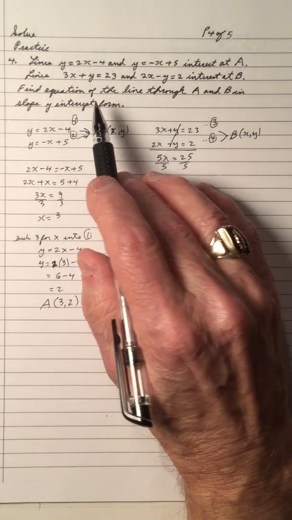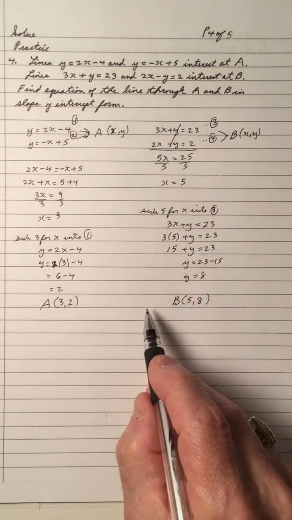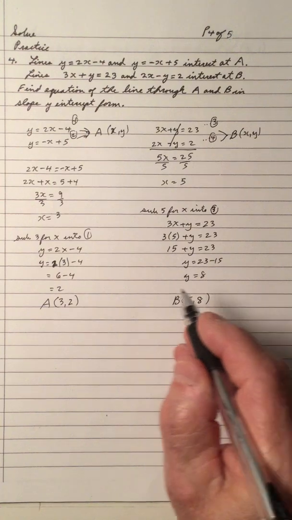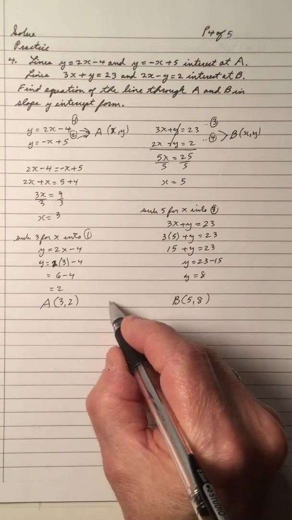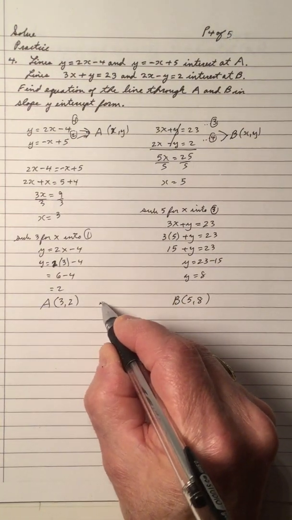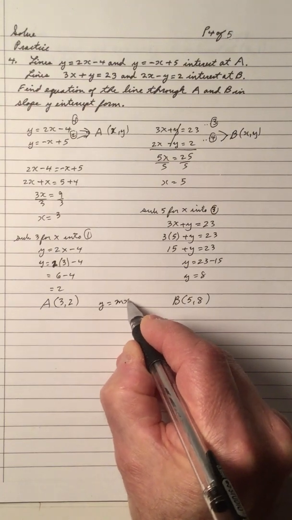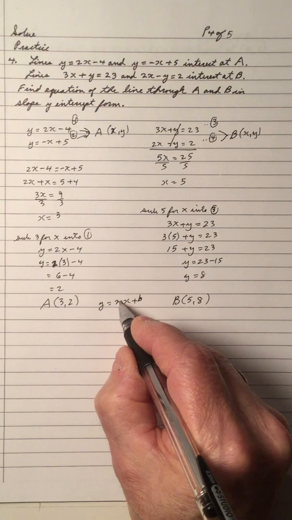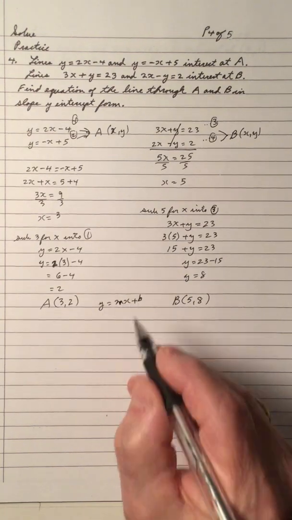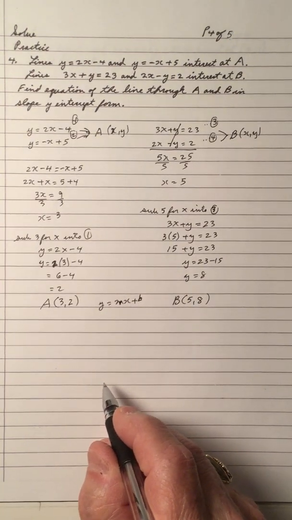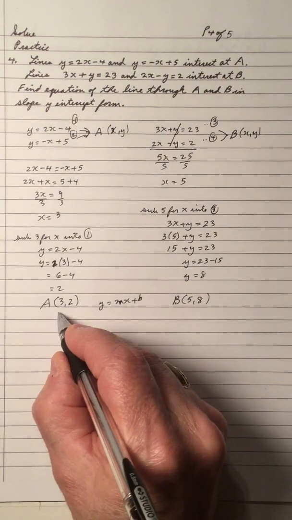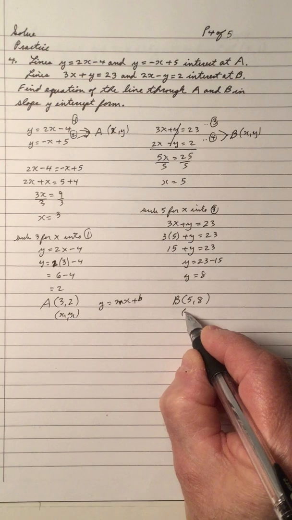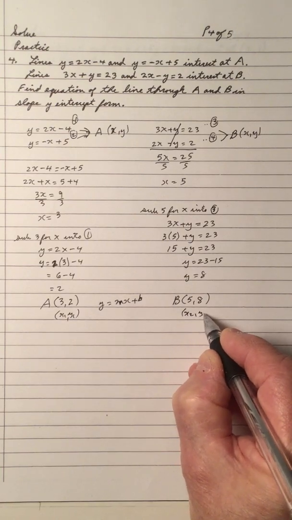So it says find the equation of the line through A and B in slope y-intercept form. So the slope y-intercept form is y equals mx plus b, where m is the slope, b is the y-intercept. So I need to get a slope. Let's call this one x1, y1, and this one x2, y2.